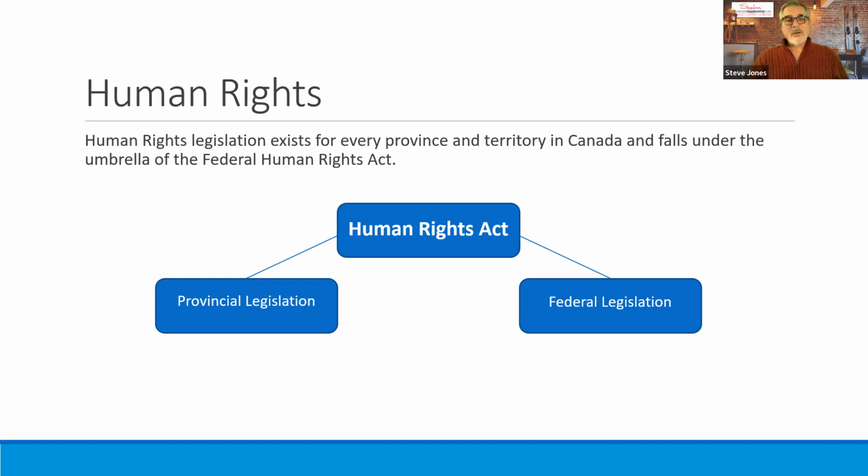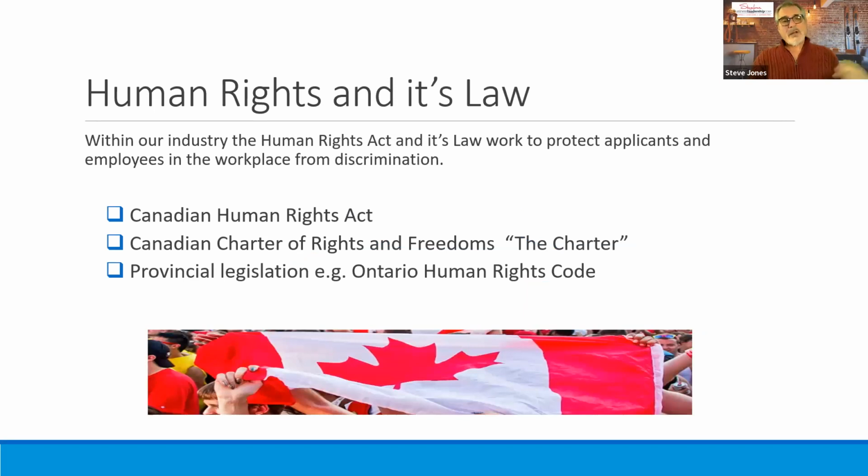So we're going to see that we've got human rights, the Canadian Human Rights Act, which applies to federal government employees and federally run special agencies like our federal prisons and like the CRTC and other federally run or regulated businesses.